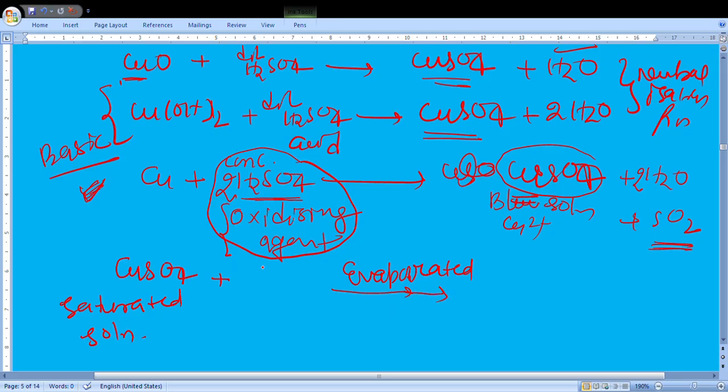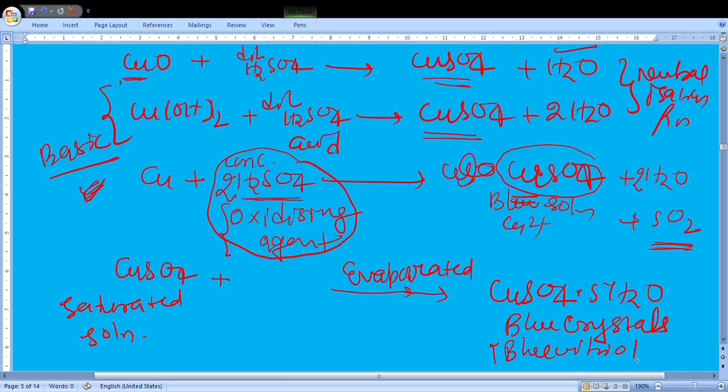The solution will be left for some time to get the crystals, blue colored crystals of CuSO4.5H2O. So these blue crystals will be formed, and this is called blue vitriol.